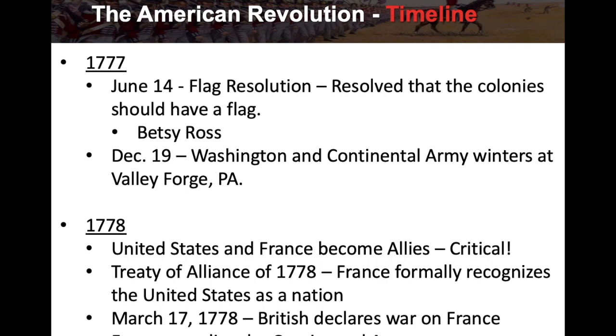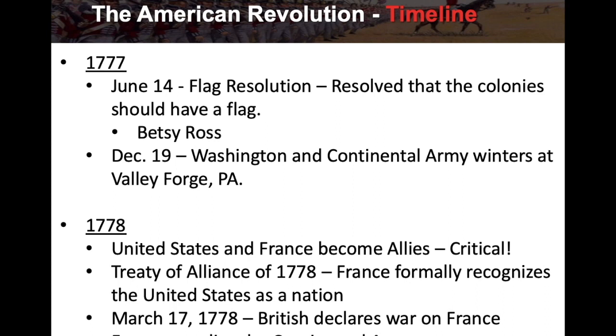There was a Treaty of Alliance of 1778, in which France formally recognizes the United States as a nation, and that's very important because you can say you're a nation, you can say you're your own people, or that you founded a country, but until other countries recognize you as a nation, you really have no legitimacy.